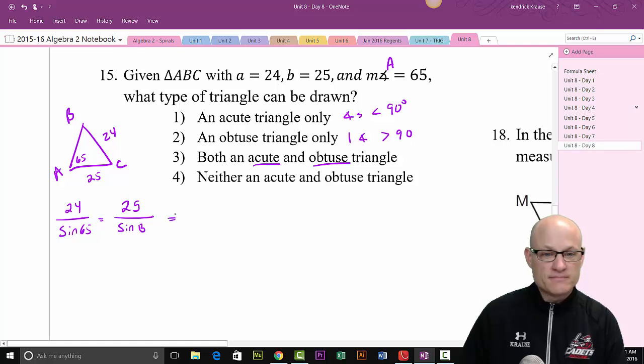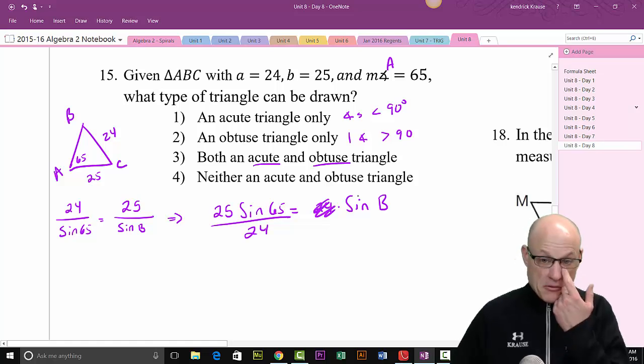So I get 25 times the sine of 65 equals 24 times the sine of b. Divide by 24.